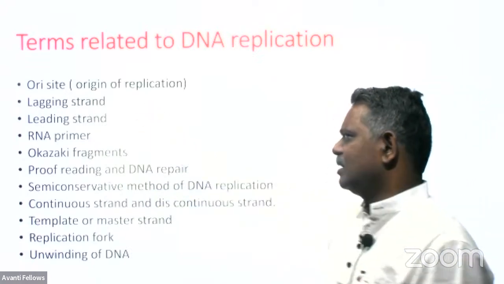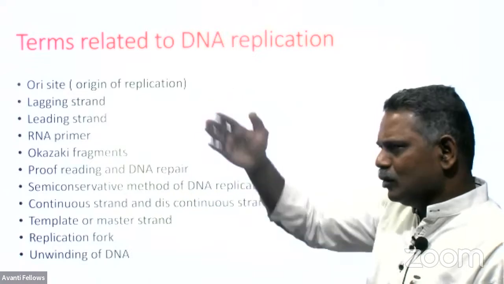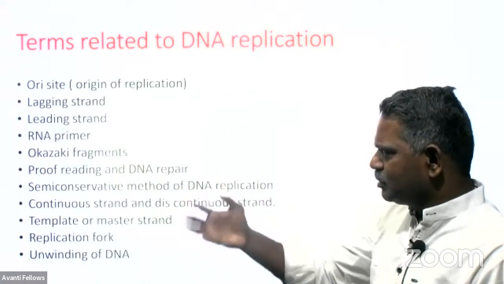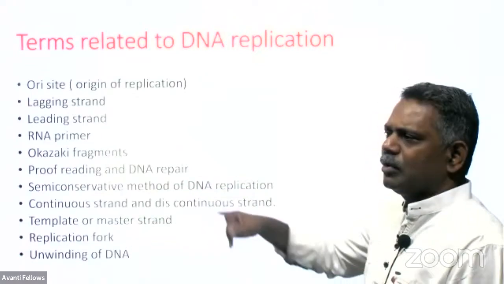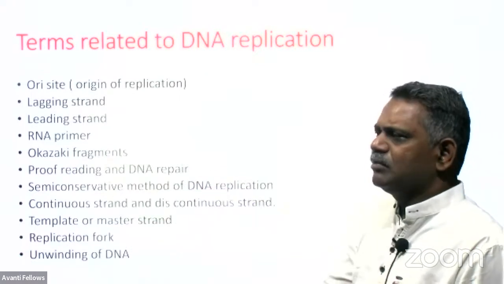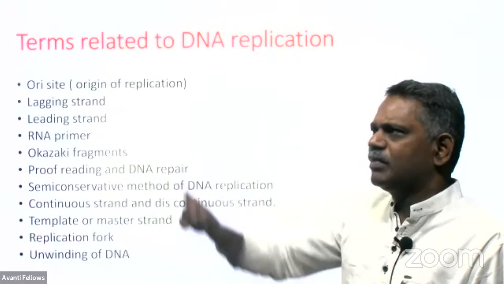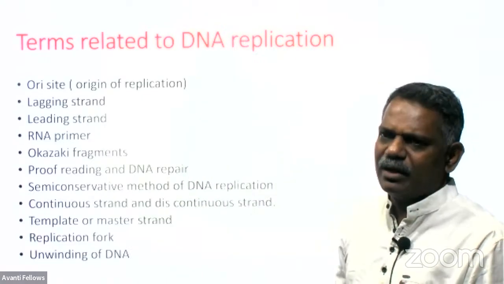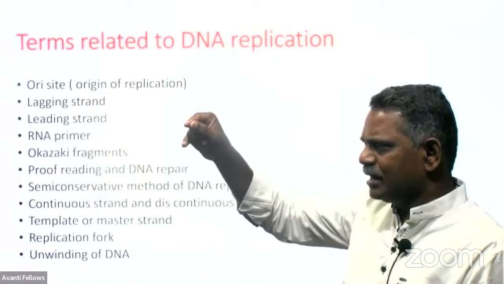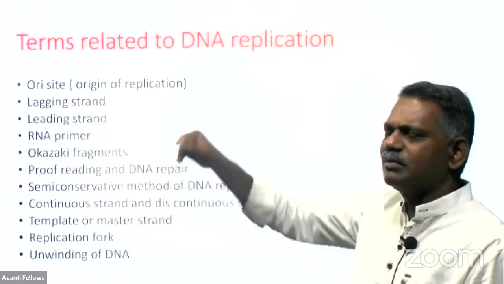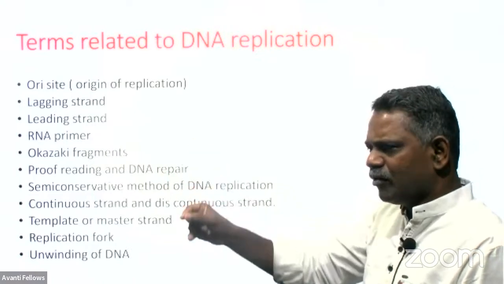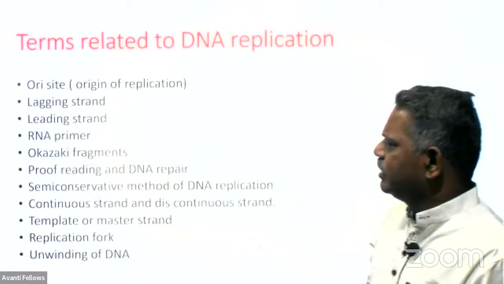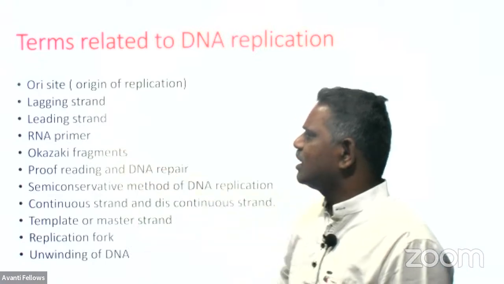Then another one is the lagging strand. One new strand is produced in the form of small strips of DNA. You know that DNA polymerase enzyme elongates the new strand only from 5' direction to 3' direction. Because of that, chances are there to produce the new DNA strand on one side in the form of small fragments. We call it the Okazaki fragment.